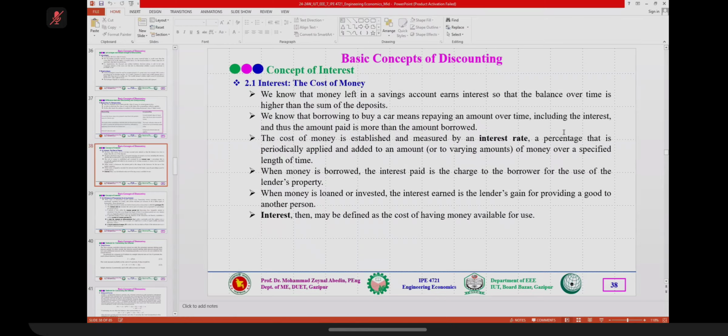When money is borrowed, the interest paid is the charge to the borrower for the use of the lender's property. When money is loaned or invested, the interest earned is the lender's gain for providing a good to another person. So interest may be defined as the cost of having money available for use.